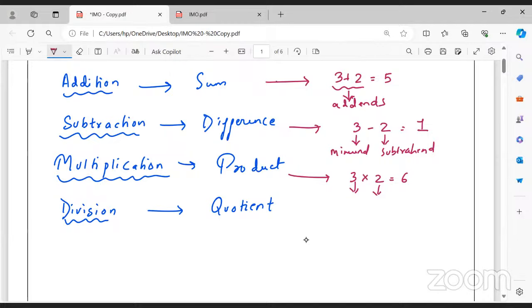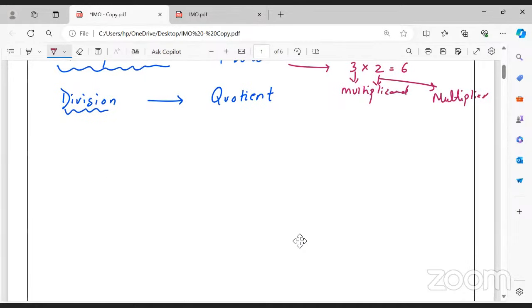Think and tell me. Yes, it's called multiplicand. And 2 is called what? Multiplier. Right? Superb. Krishna again, Mamta, very good.